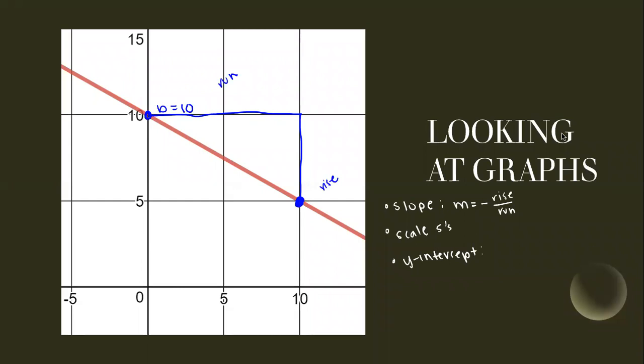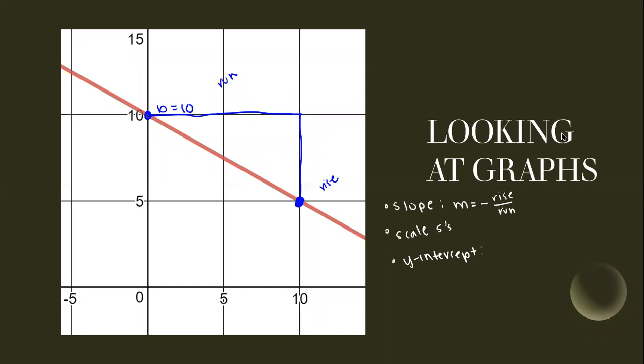So you're trying to find the slope of this graph, the rise over the run. You're trying to figure out from each point to the next point, how much am I rising? And how much am I running?